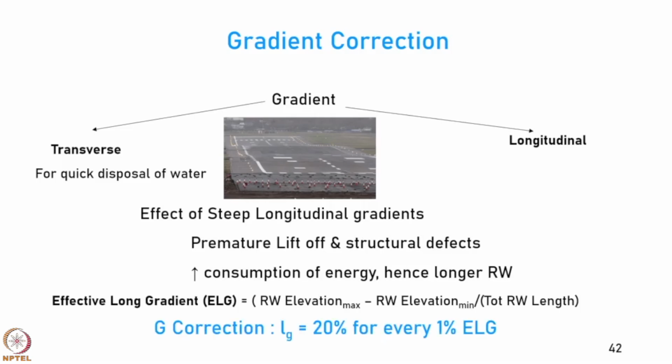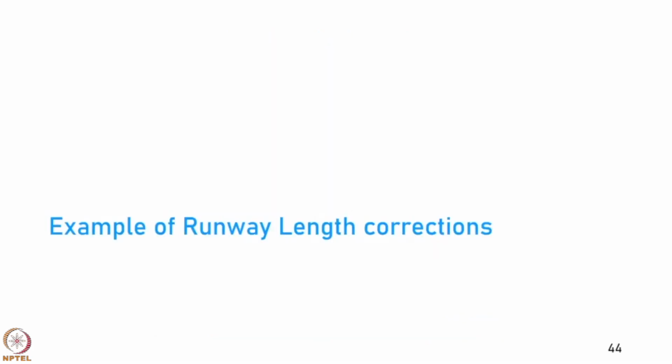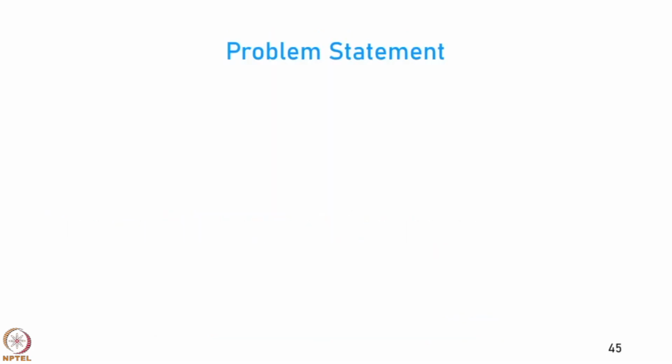So, the gradient correction is very severe. It says for every 1% value of the effective longitudinal gradient, you need to add 20% to the runway length that is needed. So, let us look at one example, just a theoretical example to make it clear to you.